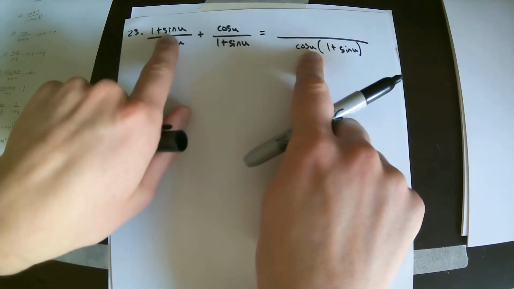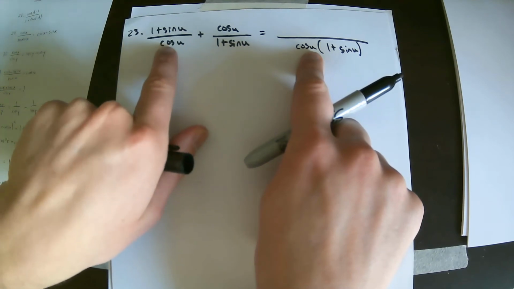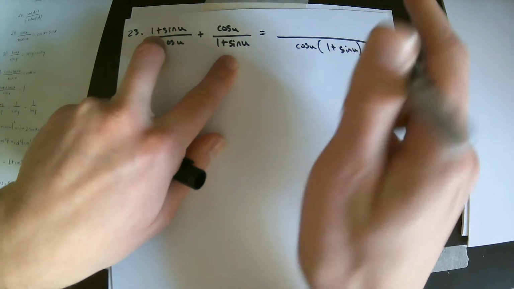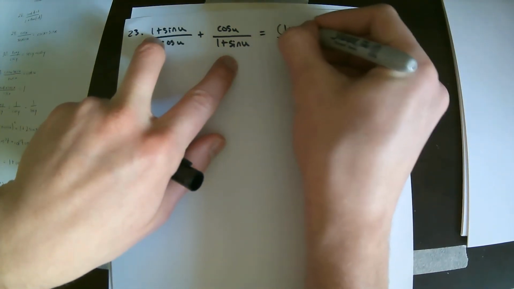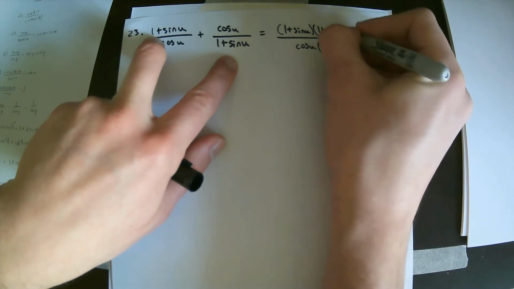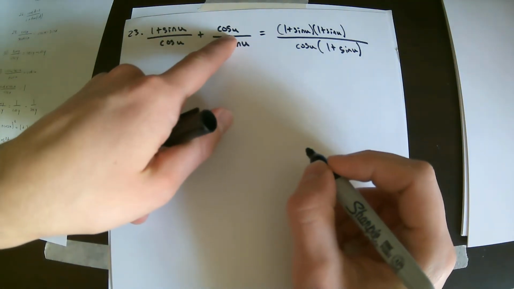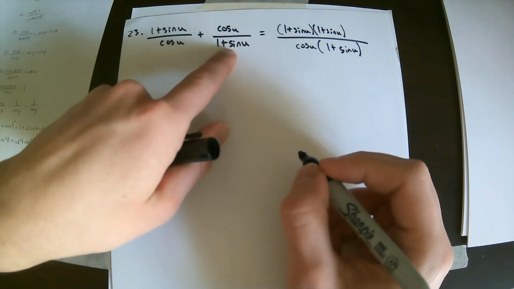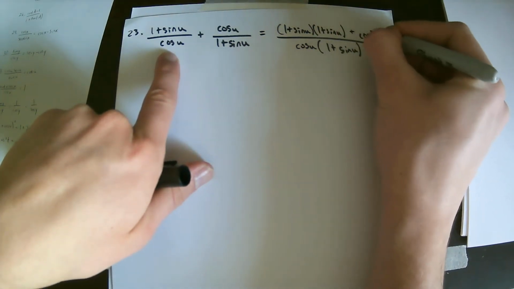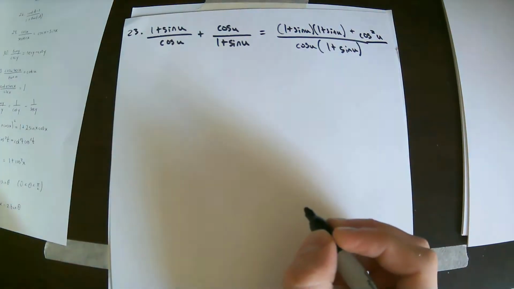That means this one, which already had the cosine u under it, is going to need to be multiplied by 1 plus sine u. So I'm going to have 1 plus sine u times 1 plus sine u. And then this one already had 1 plus sine u under it, so it needs to get multiplied by cosine u. So I'm getting cosine squared of u.